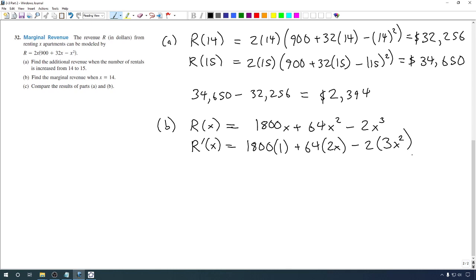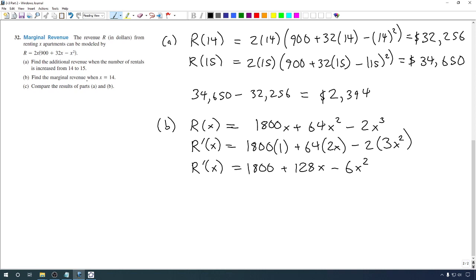We reduce it by 1. We go ahead and simplify that out. This is just 1800. We have a 64 times 2, so we have 128 times x. And then finally we have a minus 2 times 3, which is a minus 6 times x squared. So this is our formula for our marginal revenue.